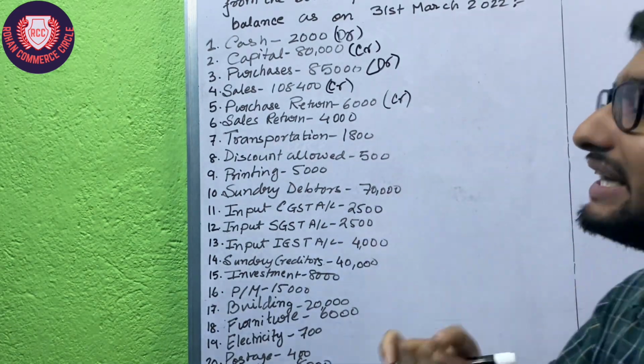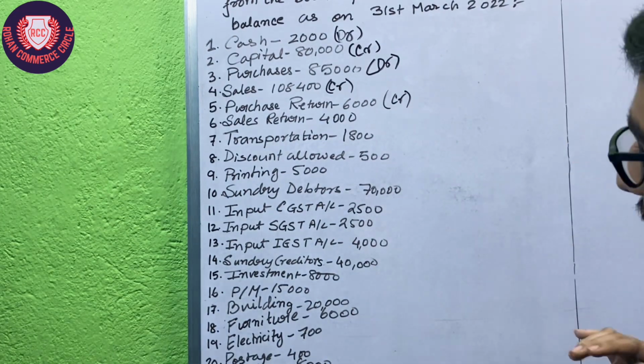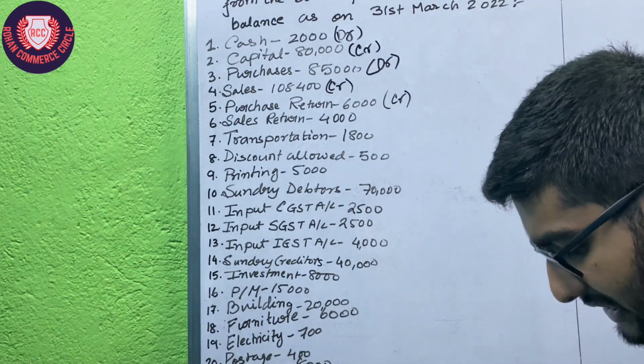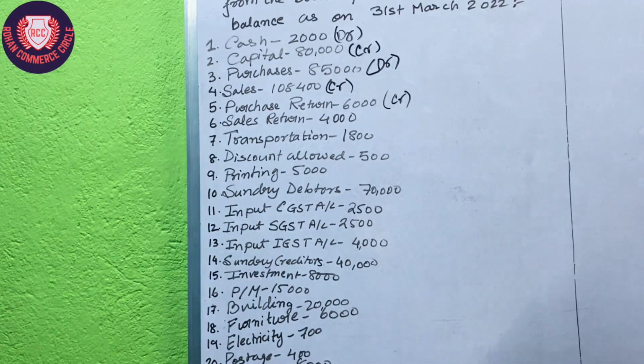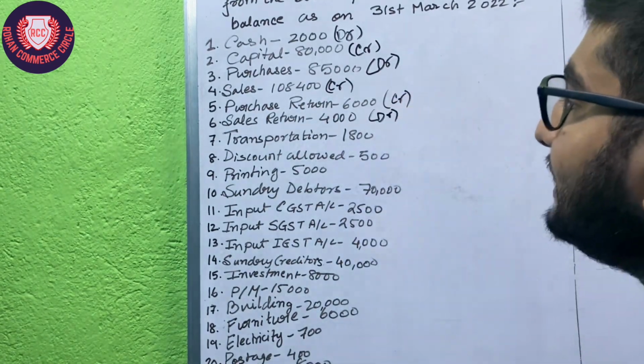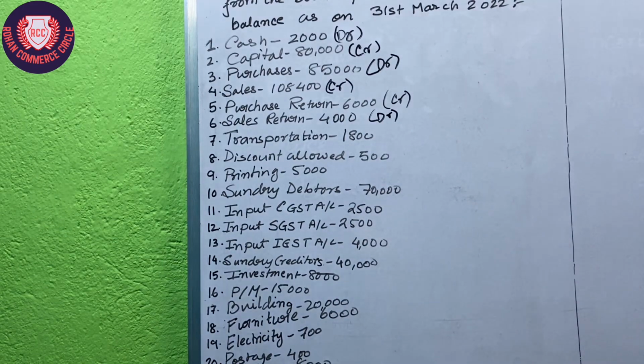So that's why it's credit. When the expenses decrease, we credit it. Next is sales return. Sales return will be debited. Now it's just the opposite of purchase return. So that's why it is debited.